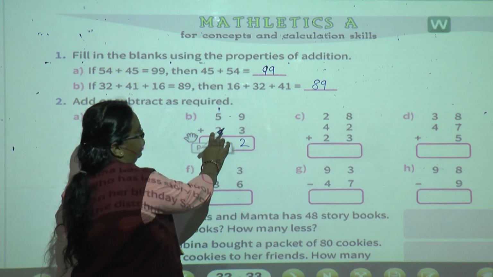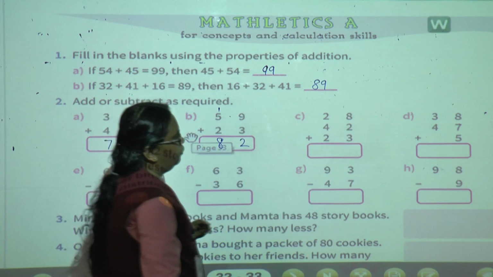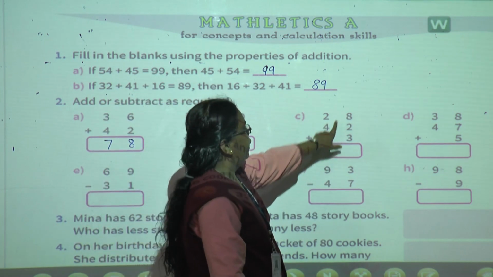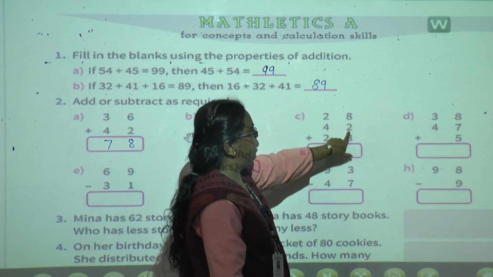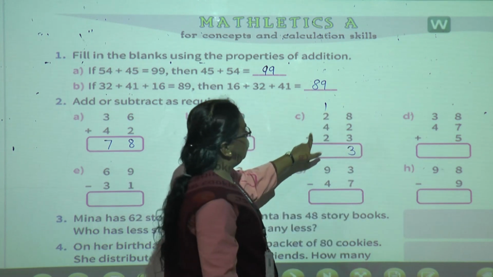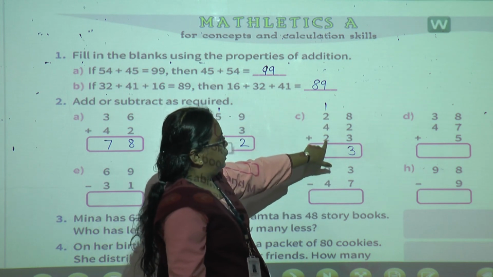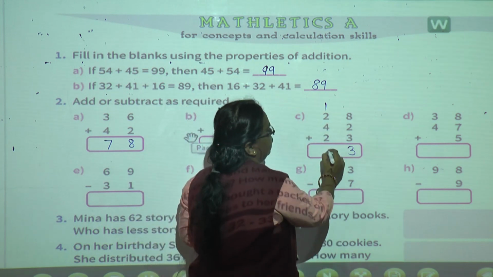Then 5 plus 2 is 7 and plus 1, 8. Then here 3 digits are there. 8 plus 2 is 10 plus 3 is 13. Then 2 plus 4 is 6. 6 plus 2 is 8 and plus 1, 9.